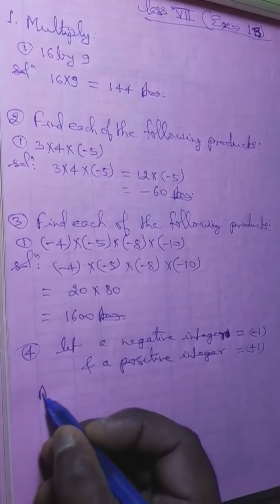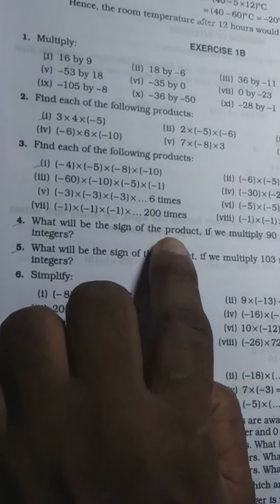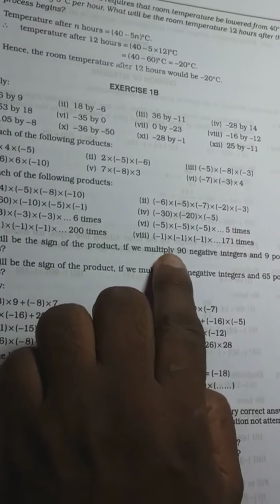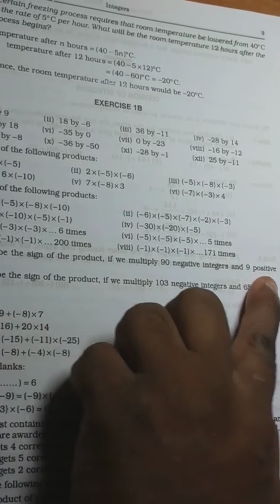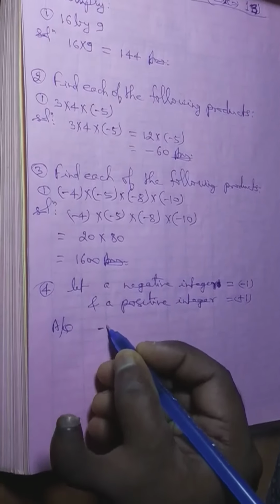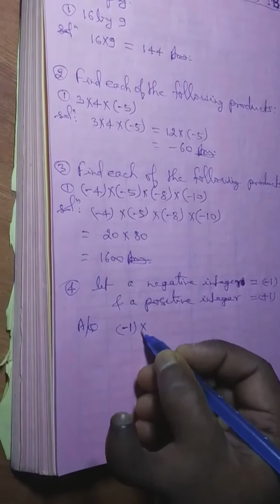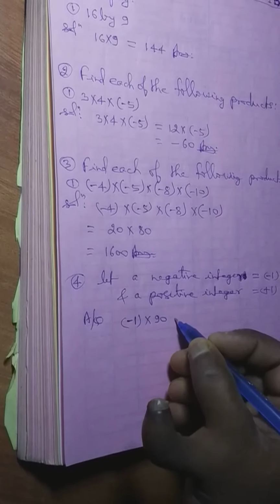Now according to the question, the product of 90 negative integers and 9 positive integers. 90 negative integers, so 1 negative integer is minus 1. It means it has 90 times.